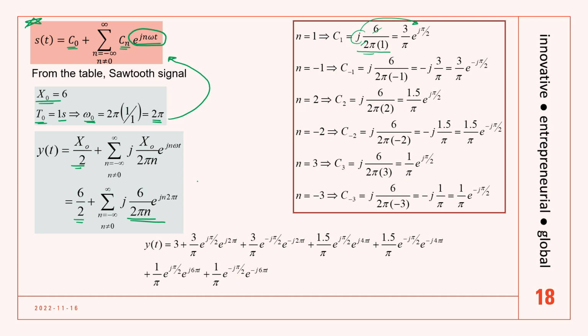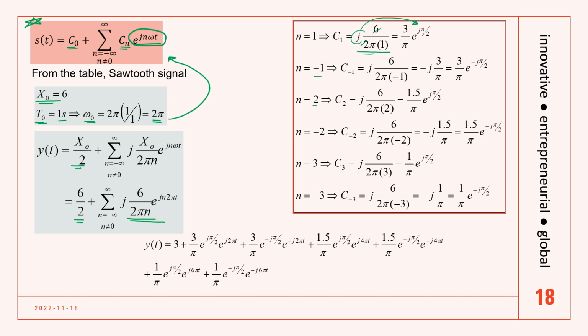We can change into here, and the same goes for the rest: the same goes for -1, and then for -2, 2, 3, and -3.